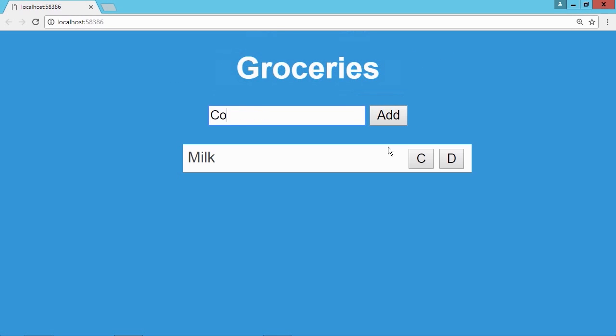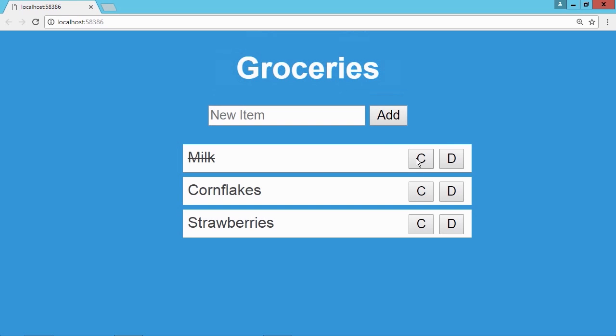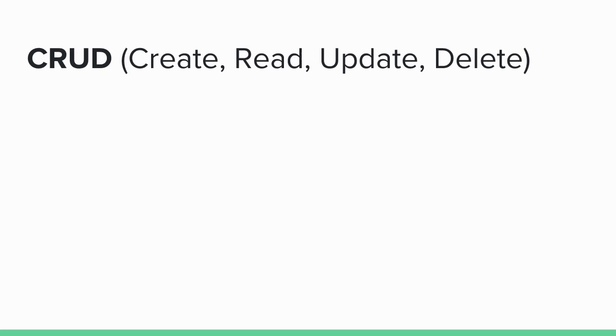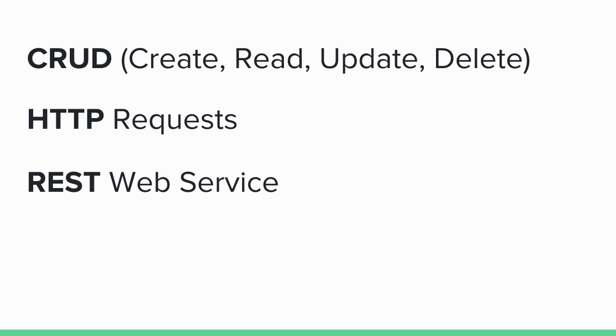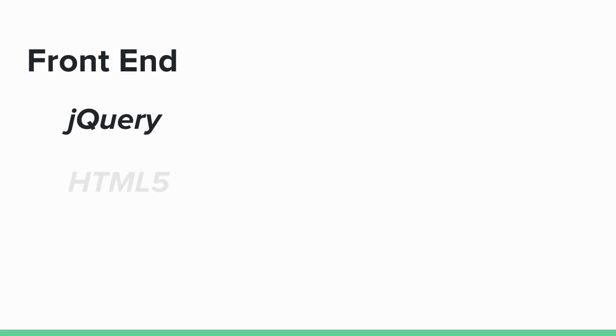The single-page app you will build in this course is a simple shopping list application that uses every CRUD operation with HTTP requests, calling a RESTful web service using Web API 2, which saves your data persistently in a SQL Server database. So make yourself ready to learn some jQuery, HTML5 and CSS for the front end.